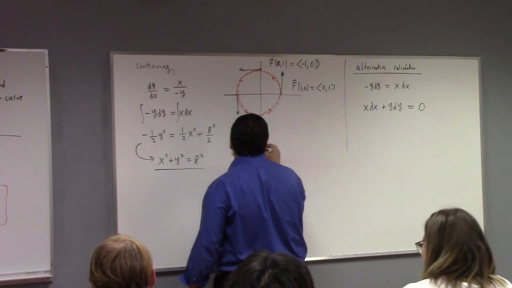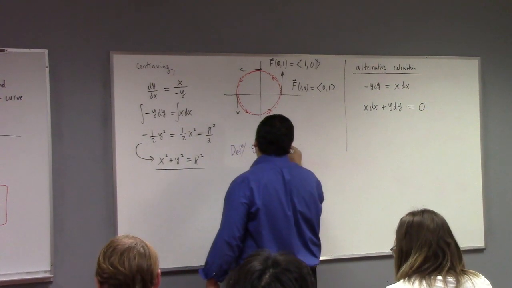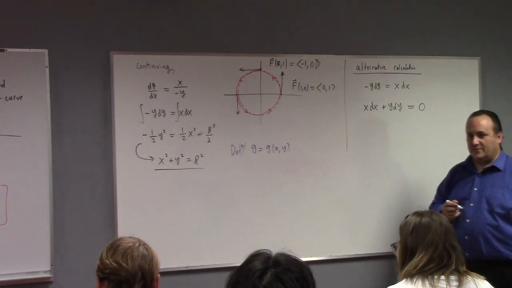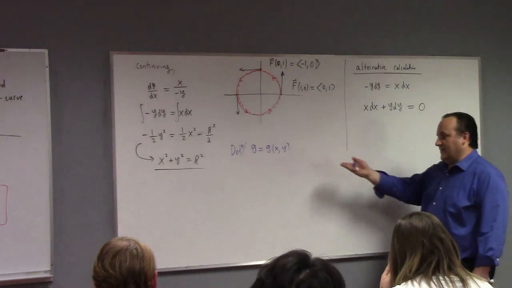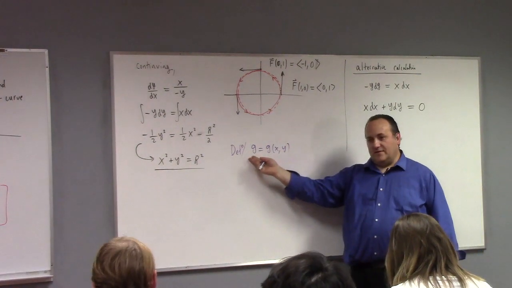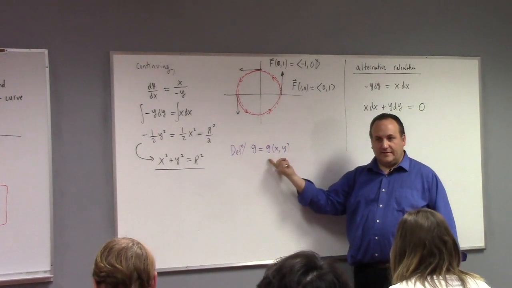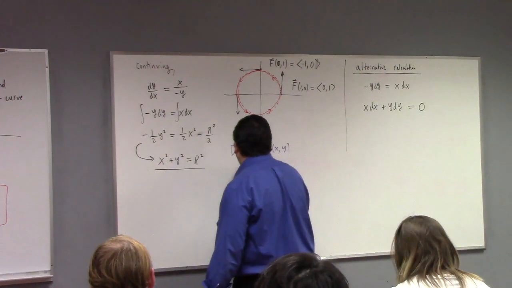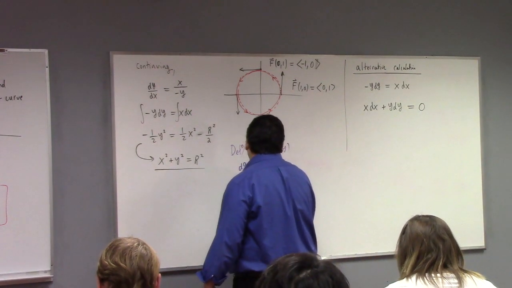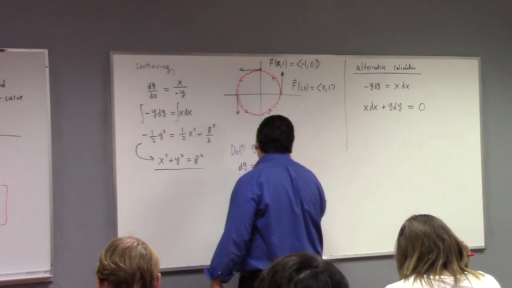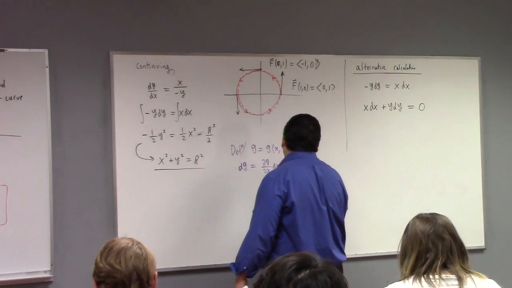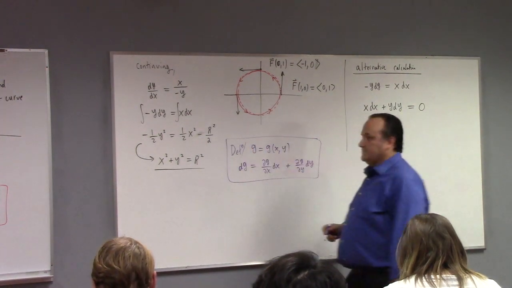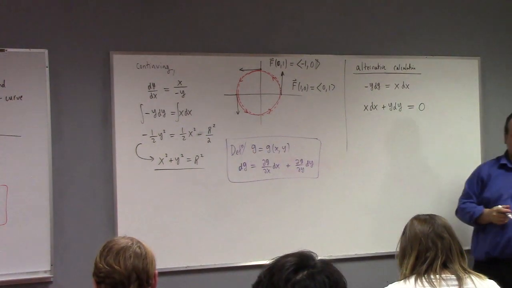Definition: if g is a function of two variables, and in that context, dg is partial g, partial x dx, plus partial g, partial y dy. Right, so this is the differential of g.